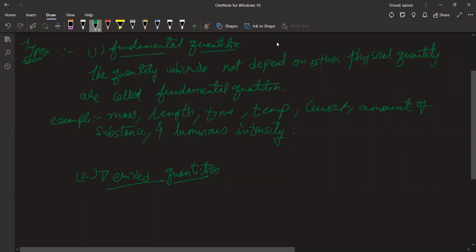There are so many derived quantities. Other than this, all are derived quantities.